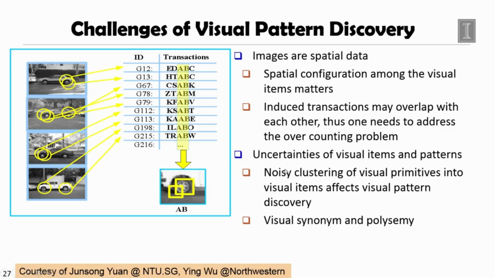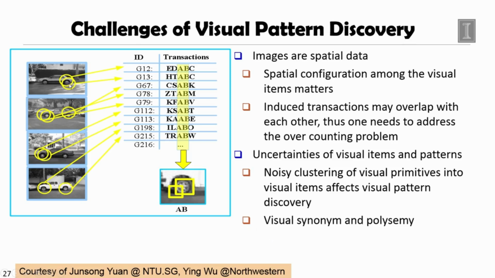Another problem encountered in visual pattern discovery is the uncertainty problem, because those wheels can be partially occluded by other objects or mixed with other objects. You may have lots of noise, and some features you may not be able to detect. Another is the visual synonym and polysemy problem.